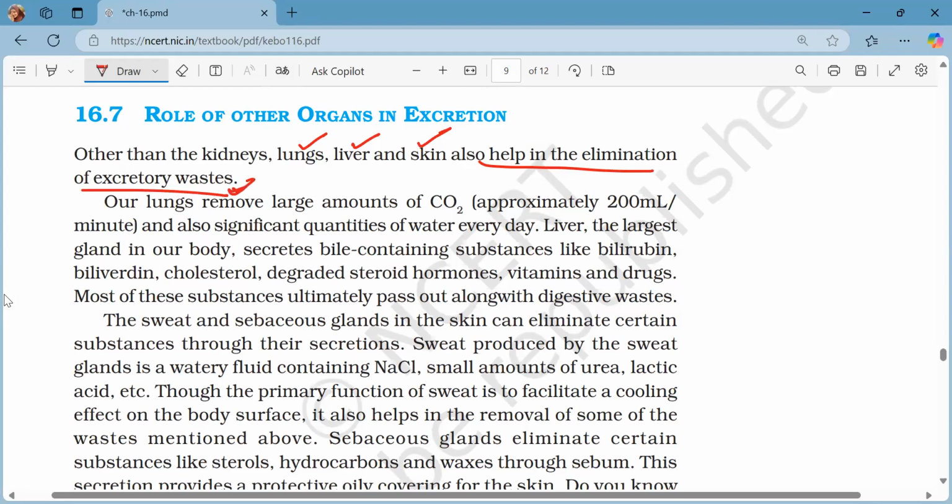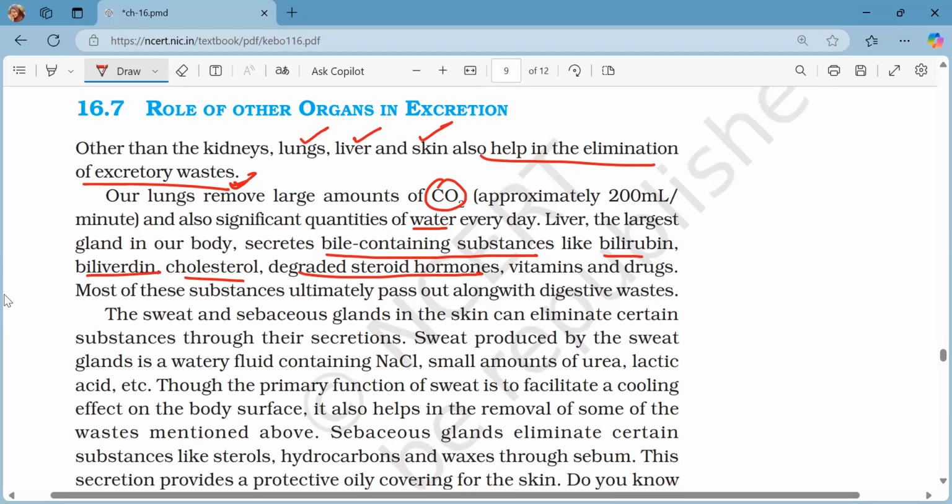Our lungs remove a large amount of carbon dioxide and significant quantities of water every day. The liver, which is the largest gland, secretes bile containing substances like bilirubin, biliverdin, cholesterol, steroid hormones, vitamins, and drugs. These also pass out along with the digestive waste. So this is how the waste is removed from the body.